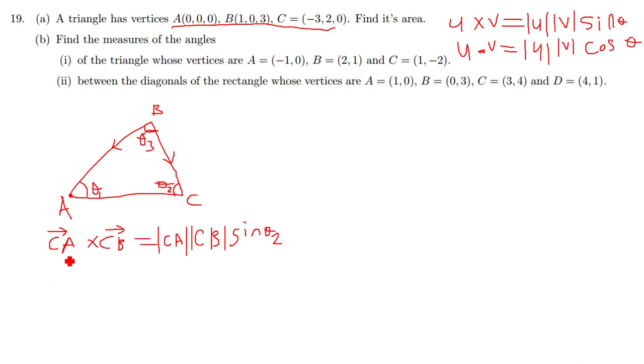You are going to have BA cross BC, being equal to the magnitude of BA times the magnitude of BC.